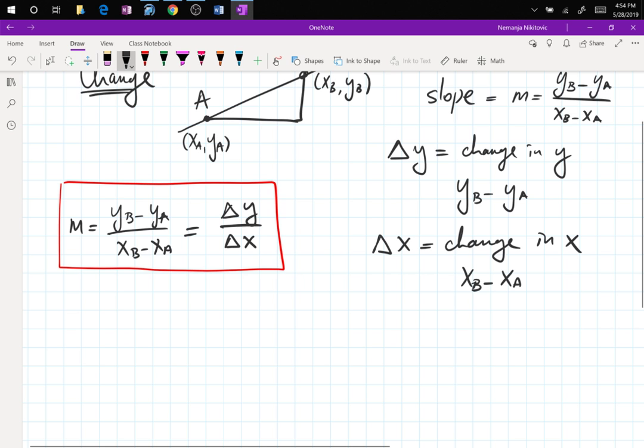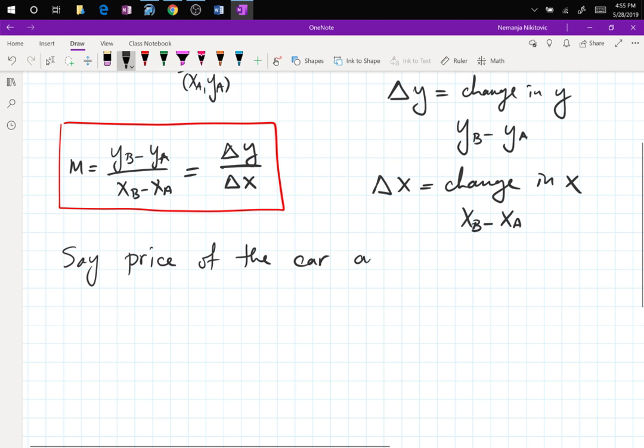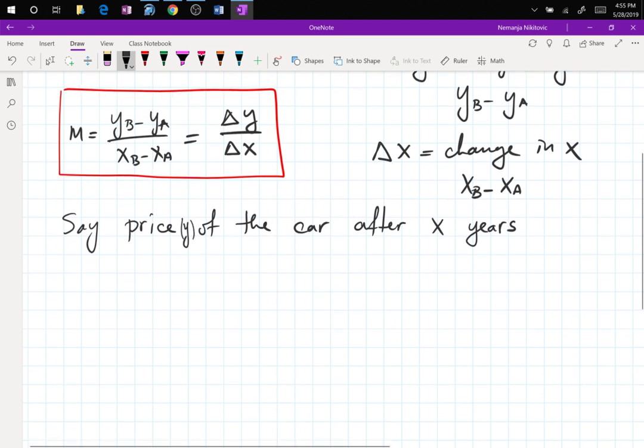So let's say price Y of the car after X years.